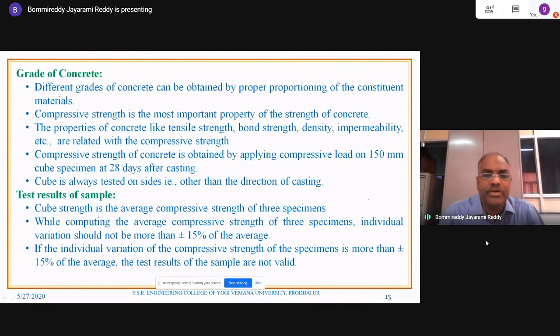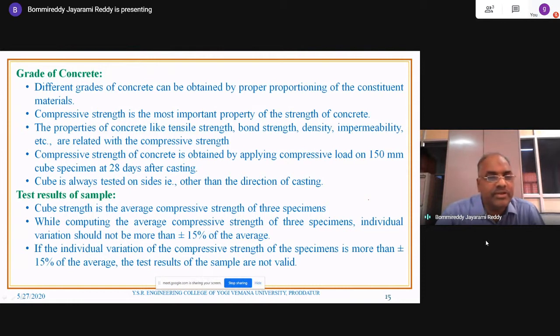Before going for the probabilistic approach, let us see the grades of concrete and how the strength of the concrete is computed. We are concentrating on the grades of concrete because different grades such as M20, M25, M30, etc. are used, and how these values are computed from experimental results.